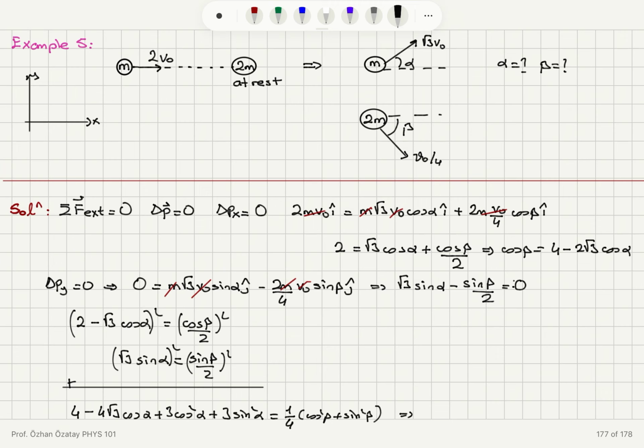So this gives me 4 plus 3, because 3 cosine square plus 3 sine square is 3, minus 4 square root 3 cosine alpha equals 1 over 4. So I have 7 minus 1 over 4 equals 4 square root 3 cosine alpha.